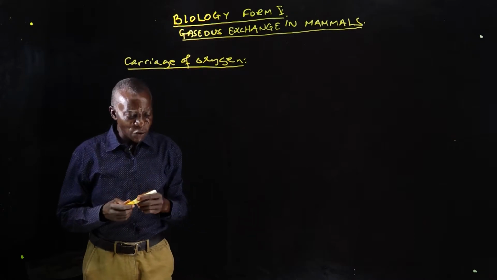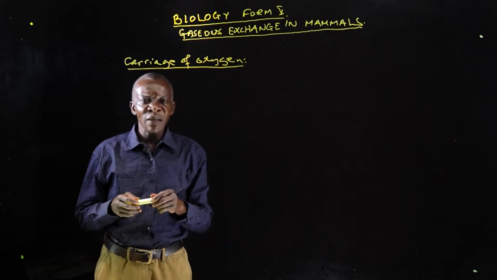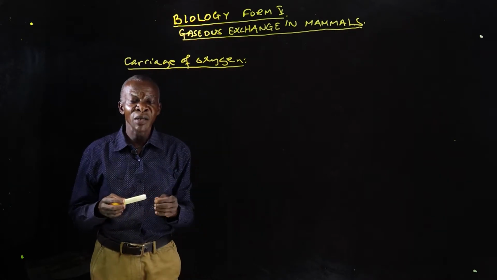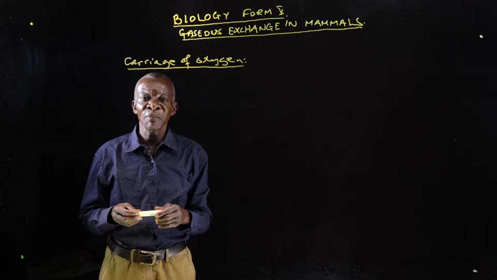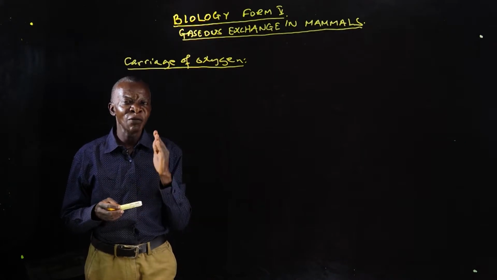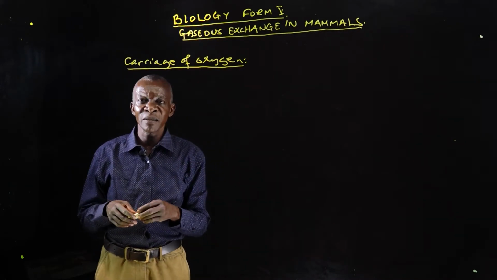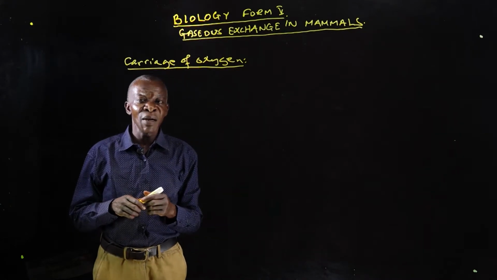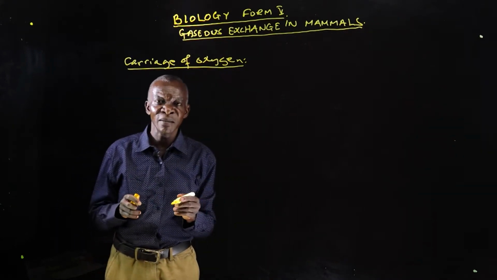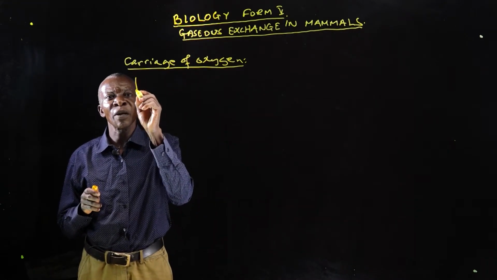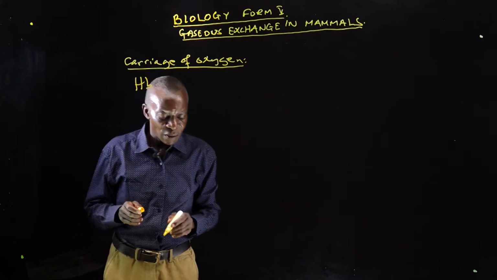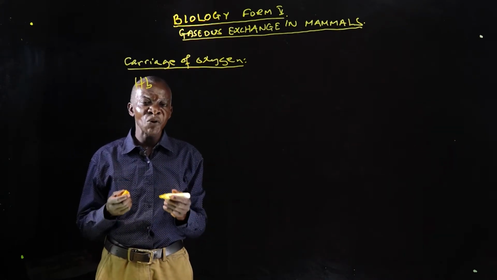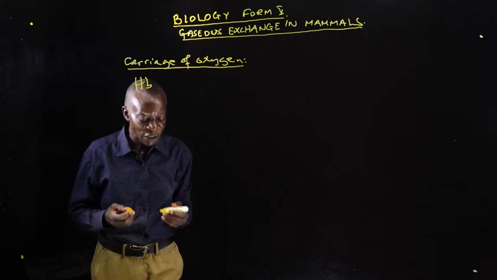In the transportation of oxygen, we said that this gas is normally transported by the red blood cells. One of the functions of the red blood cells is to transport oxygen. These red blood cells contain hemoglobin, and this hemoglobin is responsible for the transportation of oxygen.